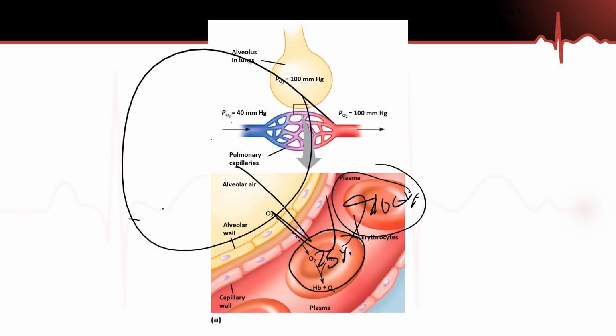That's 100% saturation. But again, that should seem really problematic because I've told you so many times that there's not very much oxygen that actually exists within the blood plasma and the intracellular fluid when the partial pressure of oxygen is 100.